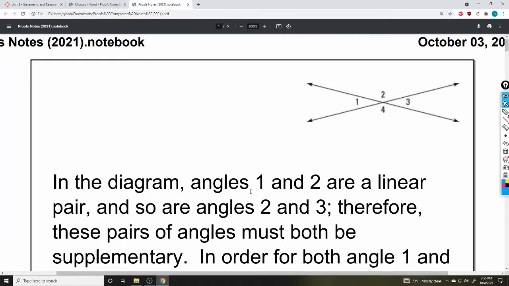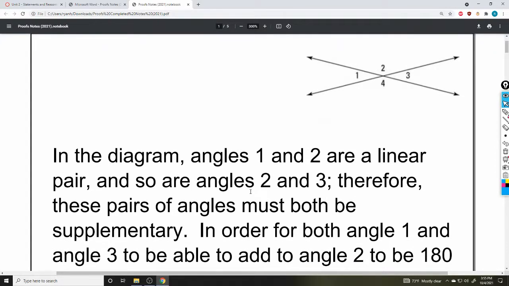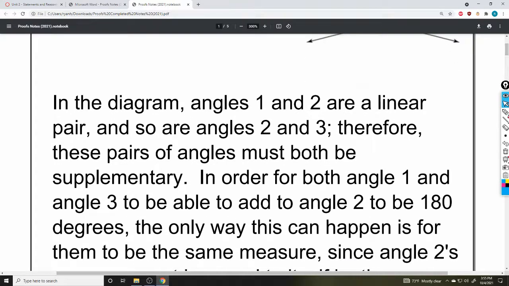That's because they are a linear pair. Now that we know we have angle 1 here that adds with angle 2 to be 180, and then we have angle 3 over here that adds with angle 2 to be 180, well, in order for that to happen, it has to be true that angles 1 and 3 are the same.